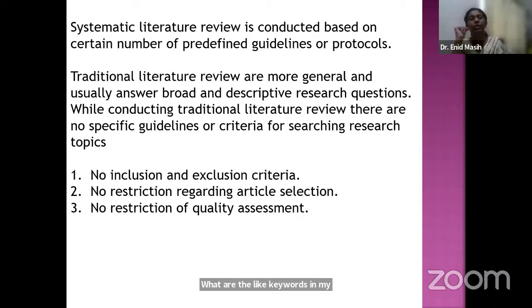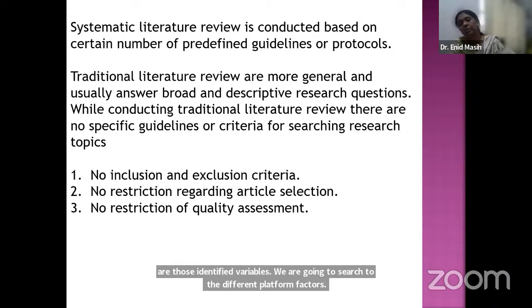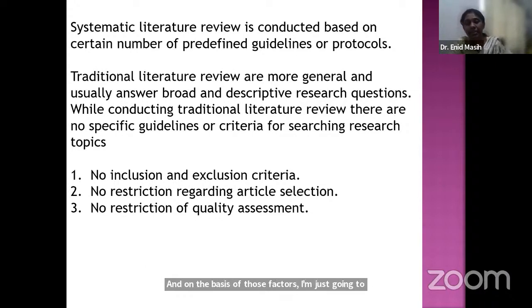On the basis of those objectives, how am I going to develop my hypothesis, or what are the variables I have identified, and on the basis of those variables, I am going to search different factors, and on the basis of those factors, I'm just going to look for a literature review.